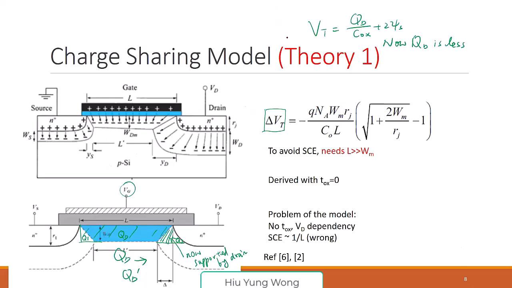So last time we talked about the charge sharing model, right? So how do we calculate the change of the threshold voltage? We say that the reason the drain can control is because it has some extra depletion charge sustained by the drain. Originally, in my 1D model, all this depletion charge under the gate is supported by the gate voltage.